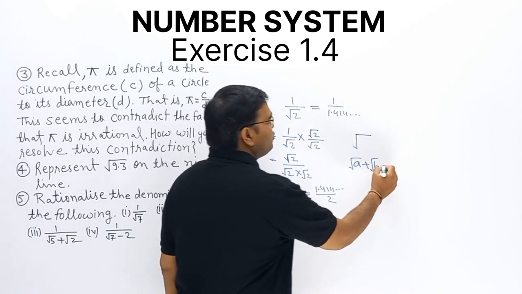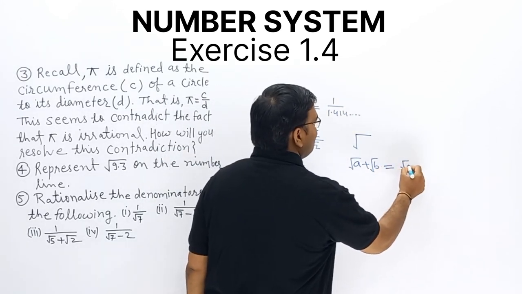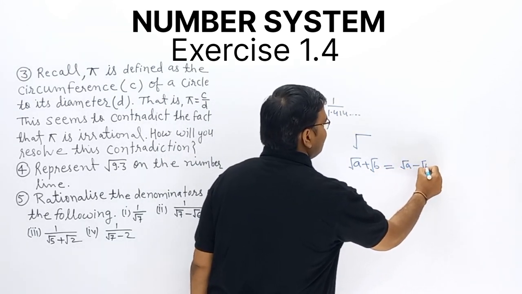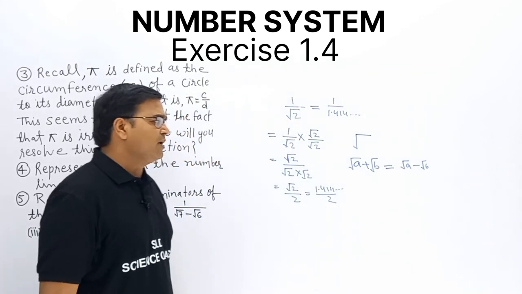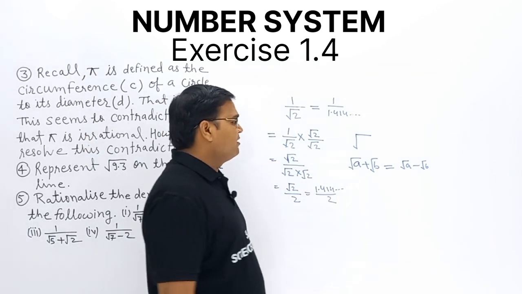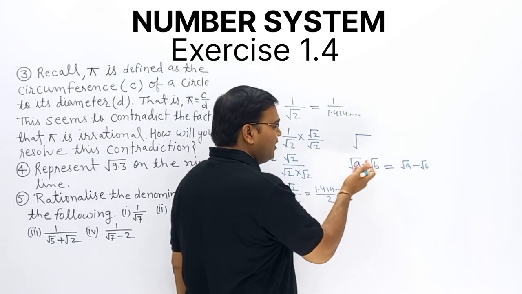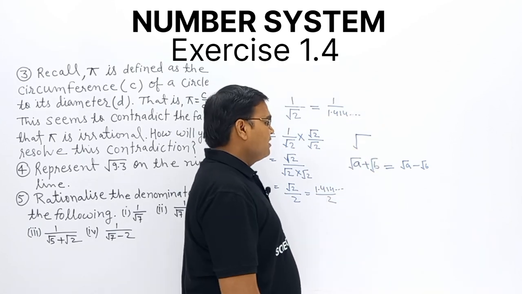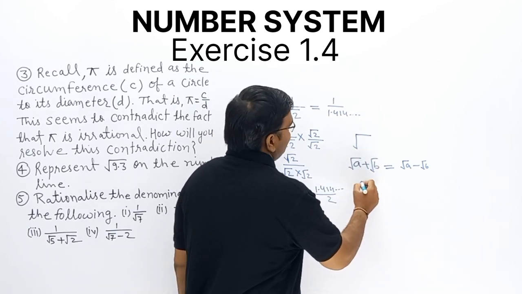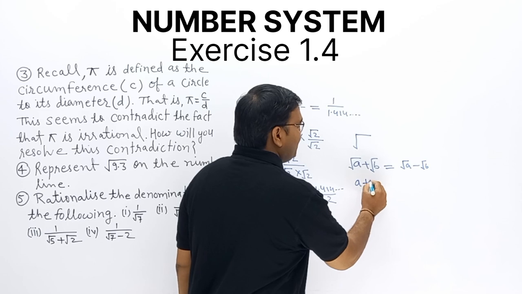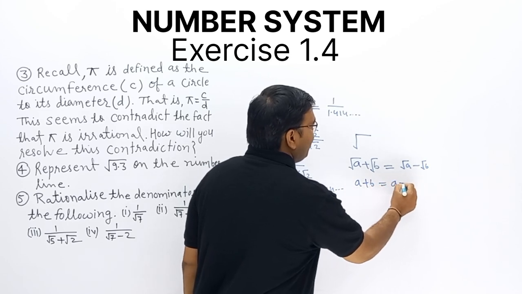Its conjugate is root a minus root b. This is one example. There may be one root or two roots. If we have a plus b, then its conjugate will be a minus b.